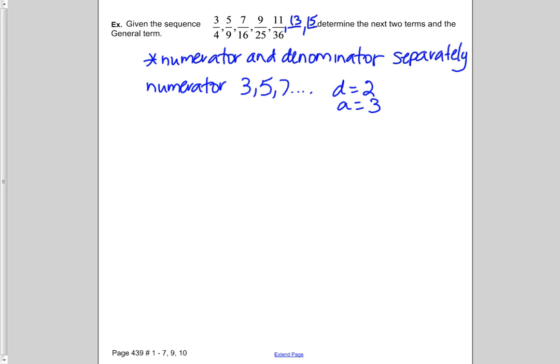The bottom isn't quite so easy. We'll come back to the numerator in a second, but the denominator is certainly following a pattern. It's following a pattern of really pretty squares. So 4 is 2 squared, 9 is 3 squared, and so on, so that I know my next two terms will be 49 and 64.